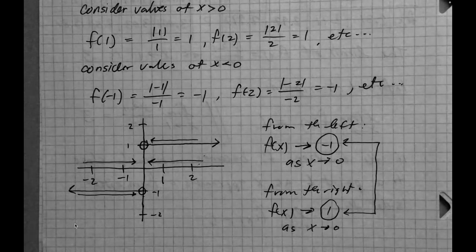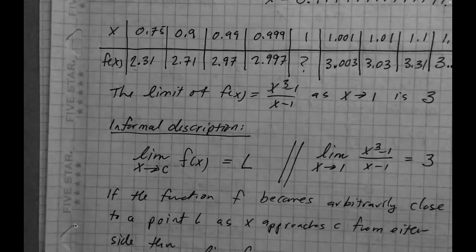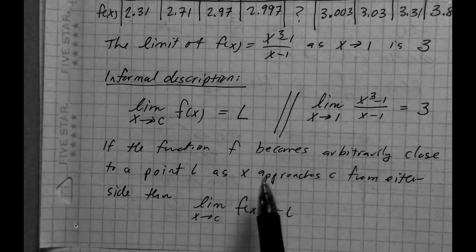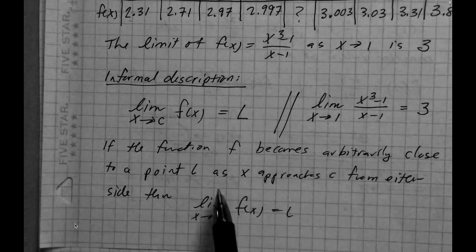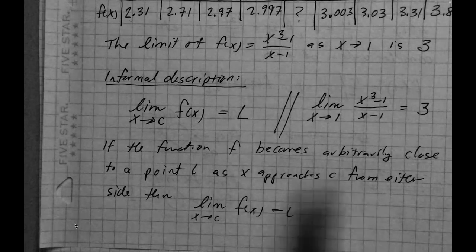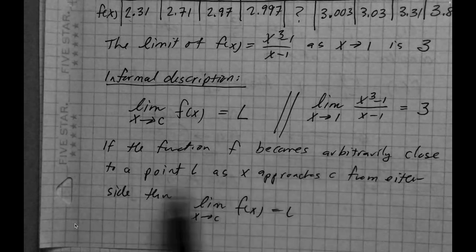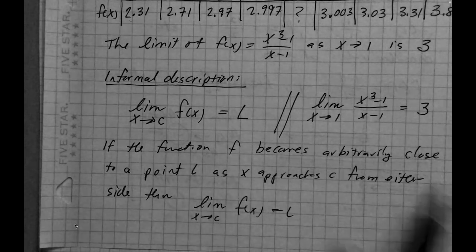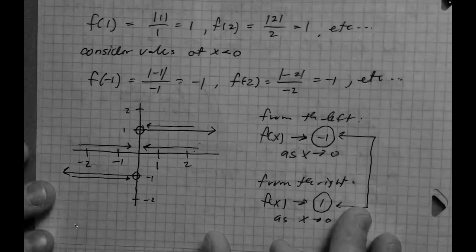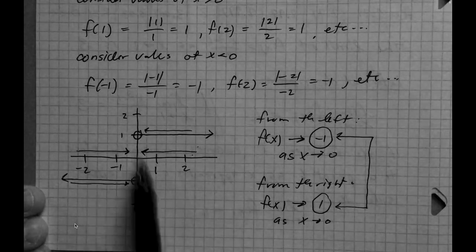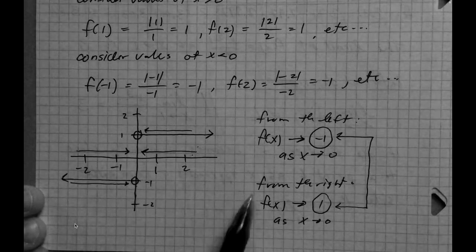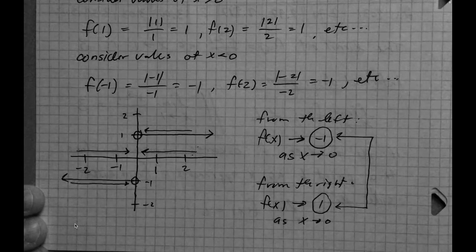And remember, our definition said that as x approaches c from either side, f needs to become arbitrarily close to a particular point L. If that's the case, then you have a limit. This is not satisfied here, clearly. In this example, we're approaching different values as we approach the limit point x equals 0 from different sides.